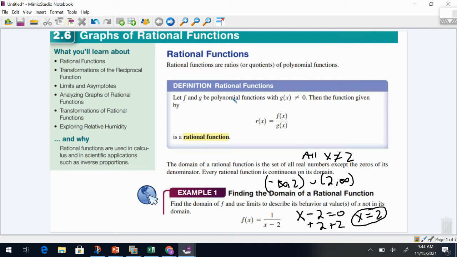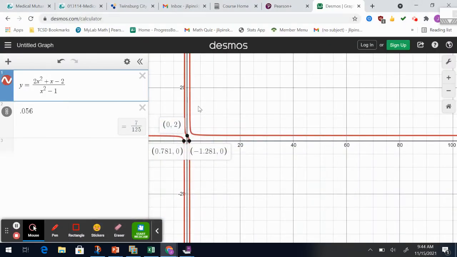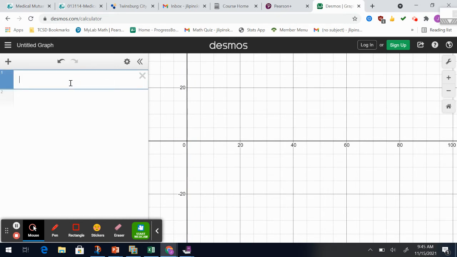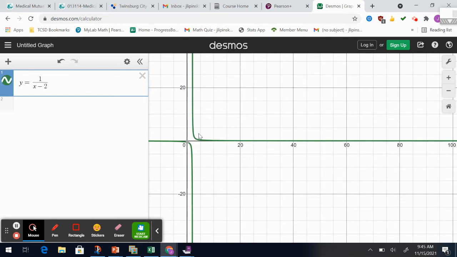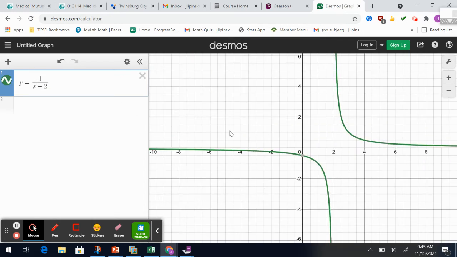So I want to take a look at the graph of y equals 1 over x minus 2. Here is my asymptote at 2.